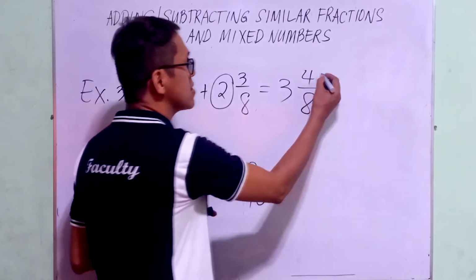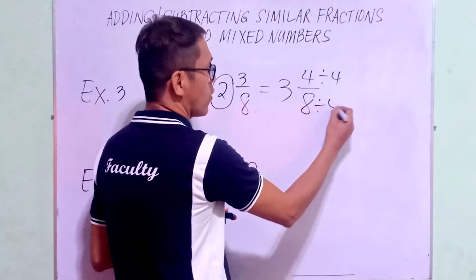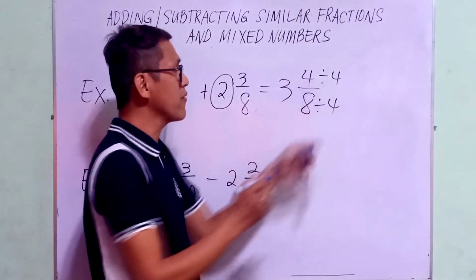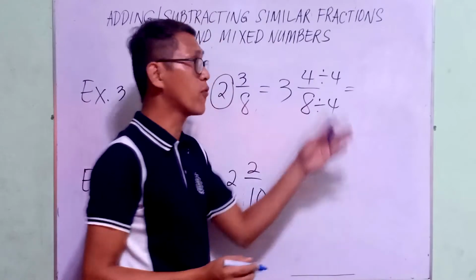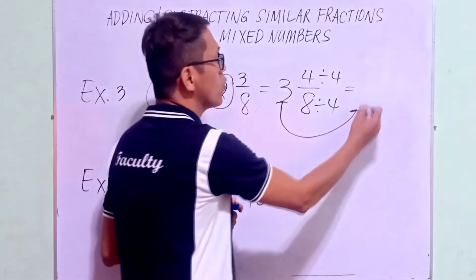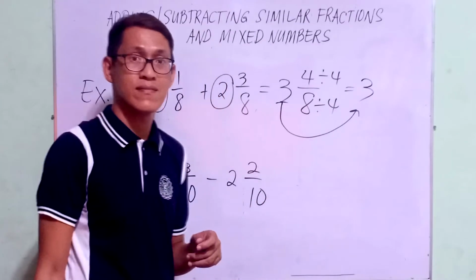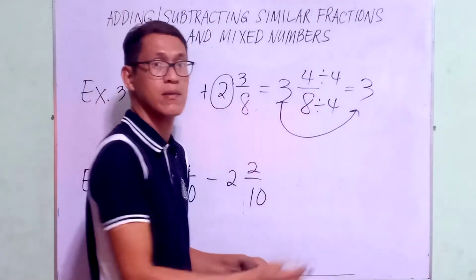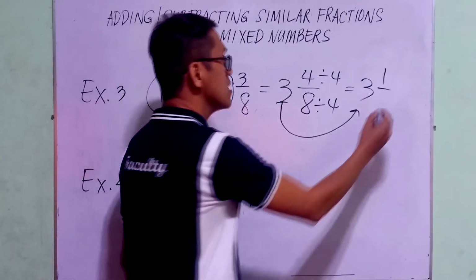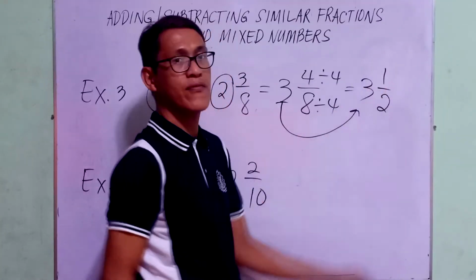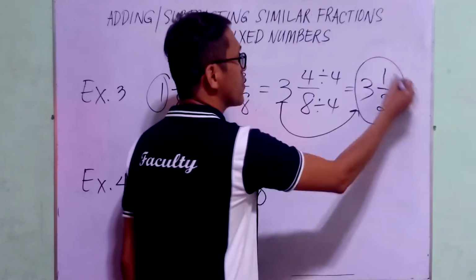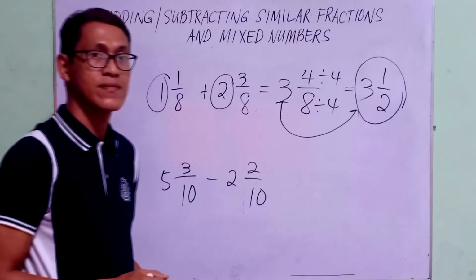Before we divide, please make sure that you carry the whole number 3. Then let's divide 4 by 4. Divided by 4 is 1. Then 8 divided by 4 is 2. So 1/2 now is in lowest term. So our final answer is 3 1/2.